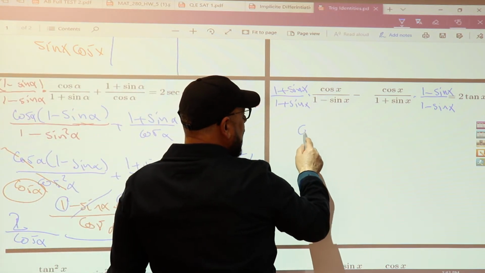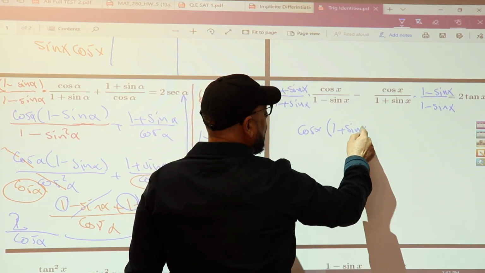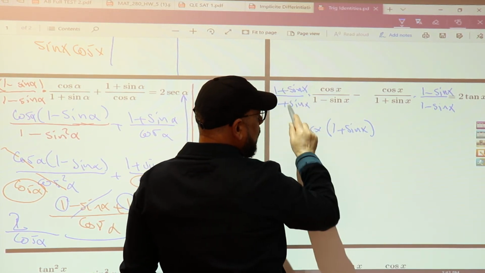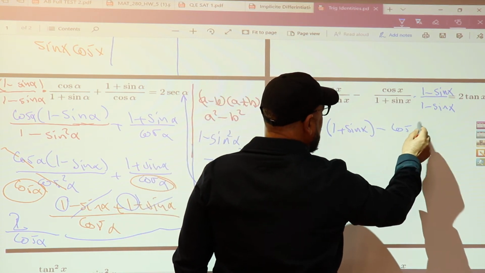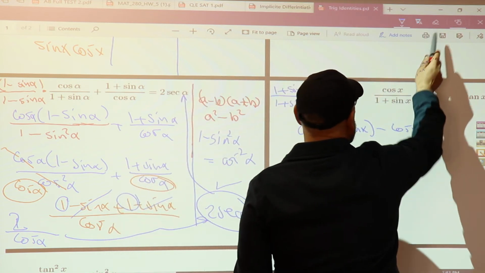Here we have cosine x in the top, 1 plus sine x, right? Minus cosine x. Or I can multiply, make it easy.